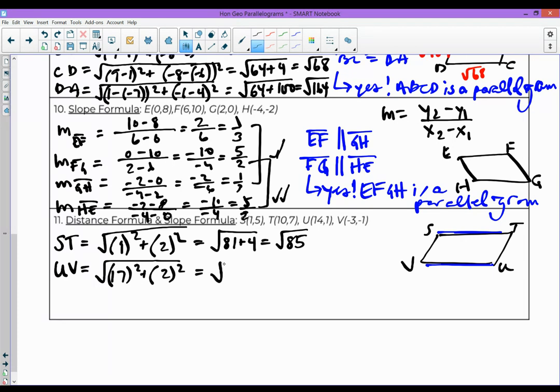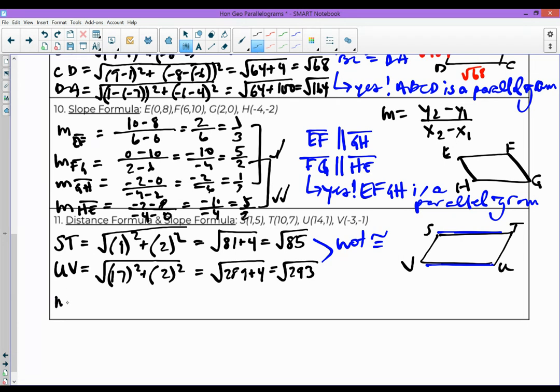So that's 289 plus 4, which is 293. Square root of 293. So already we can tell that those sides are not congruent. Therefore, we don't have a parallelogram. But we're still going to do it anyway.